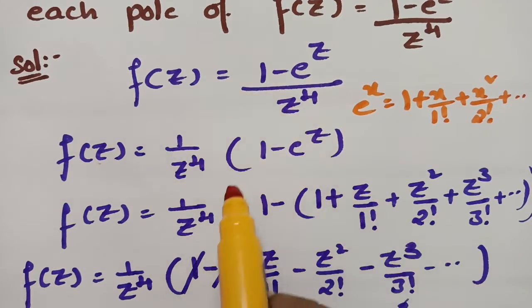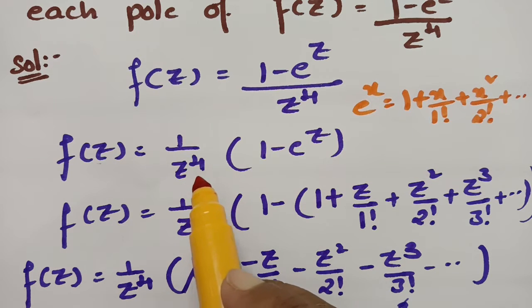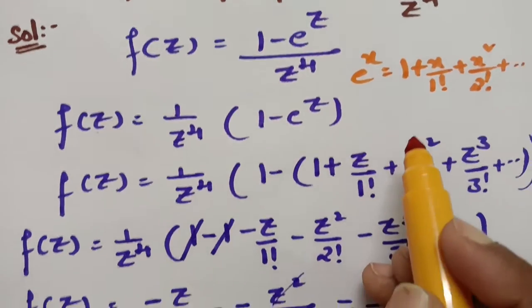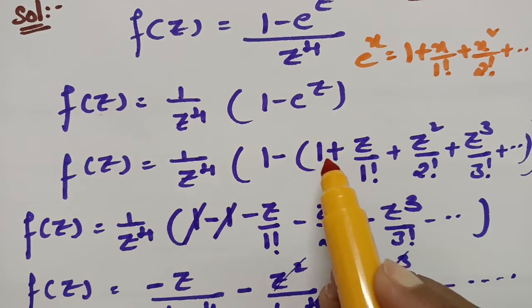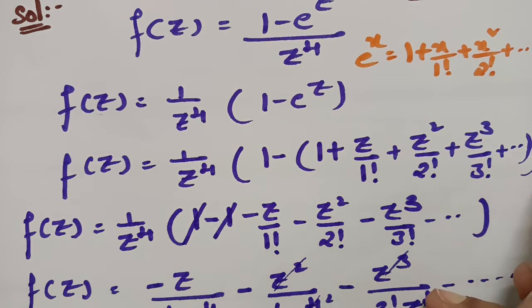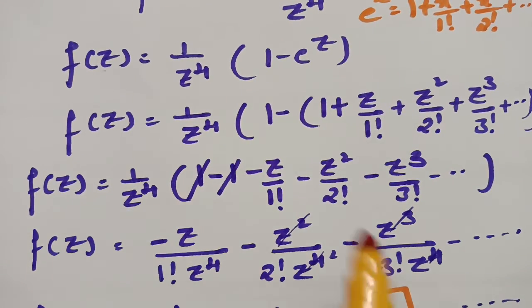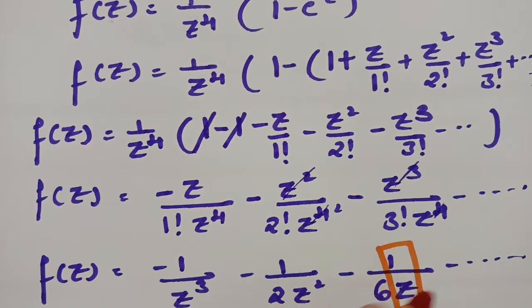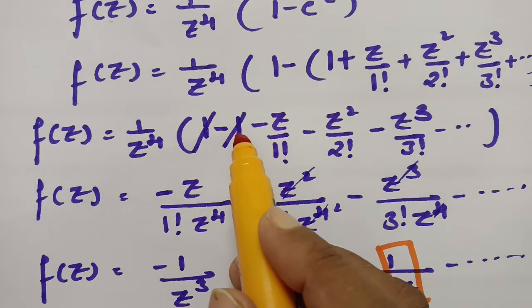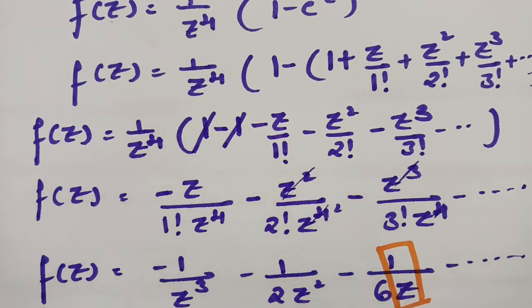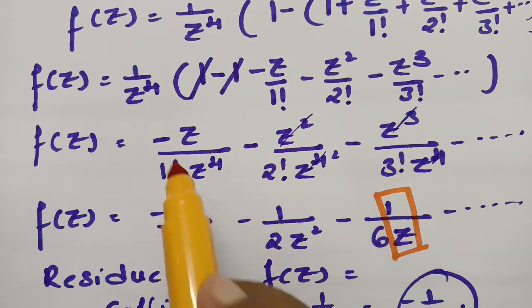So 1/z^4 I have taken outside, and this is 1 - e^z. So e^z can be written as 1 + z/1! + z^2/2! + z^3/3! and so on. So if I multiply each and every term here by minus, the -1 and +1 got cancelled, and after multiplying with z^4 with each and every term inside, this is the expansion.